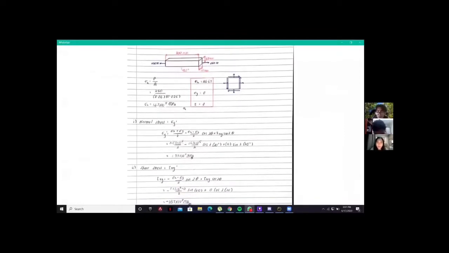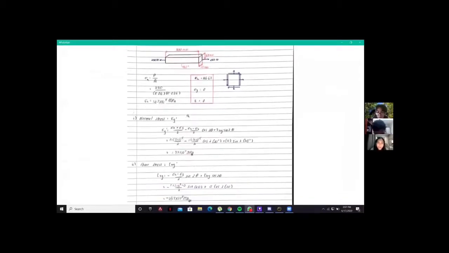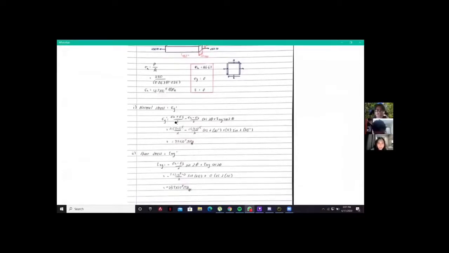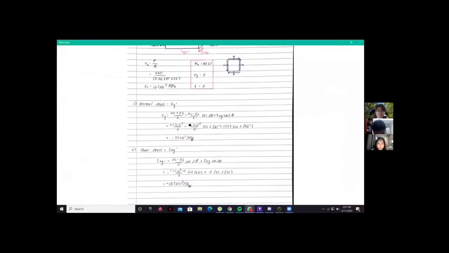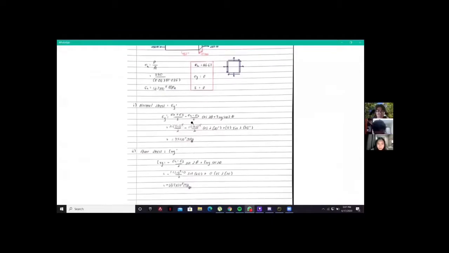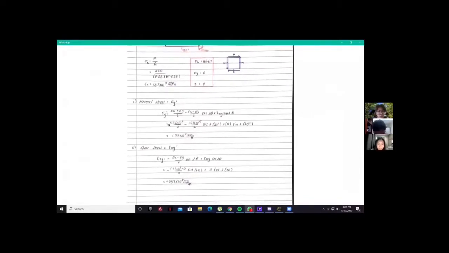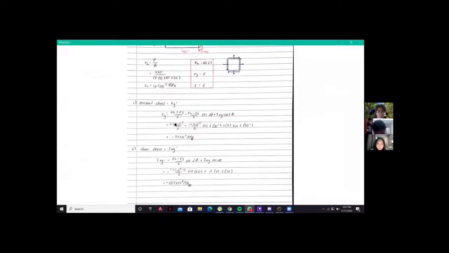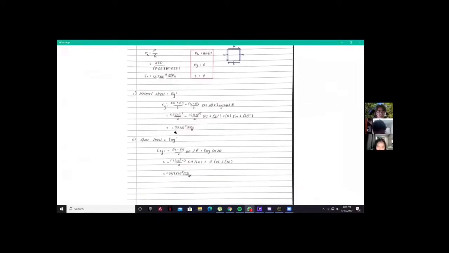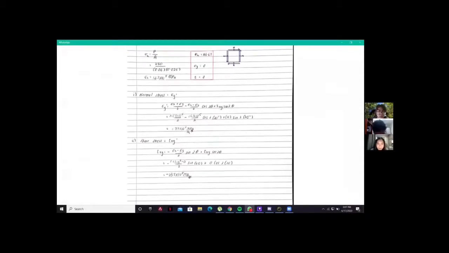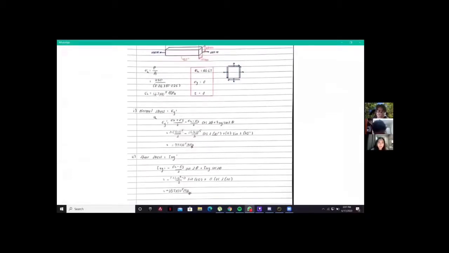We use all of this and apply it in the stress transformation equation. We use this equation and substitute the values for the stresses, and we get 1.95 times 10 to the power of 5 MPa for the normal stress.